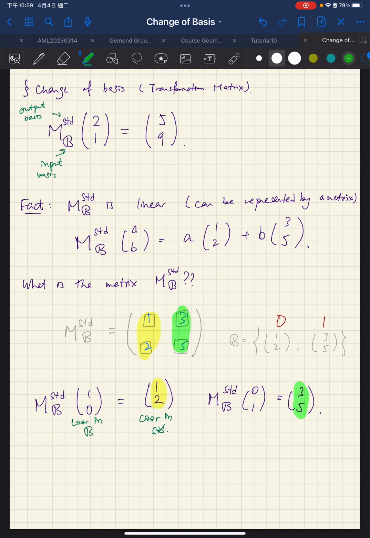Okay? So that's why, after we do these things, we will know that the MSTD B is actually 1, 2, 3, 5. Oh wow, this is not difficult. It's not difficult because if you really look carefully, what it's actually doing is as follows. Oh, sorry, it's definitely not blue, it's green.